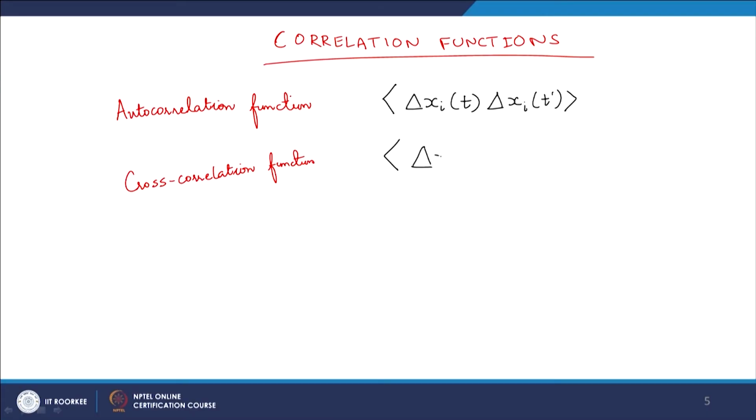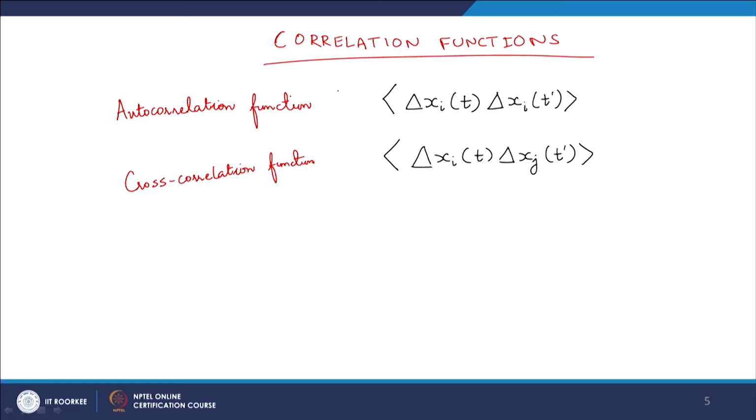Each time corresponds to a progression in time that is a result of the trajectory of the molecule or particle we are looking at. The cross correlation function is essentially the same stuff, except that it is defined for two different properties. Let us call them delta xi and delta xj, two properties at two different times, and I can call this Cii for t prime, and I can call this Cij for t prime.